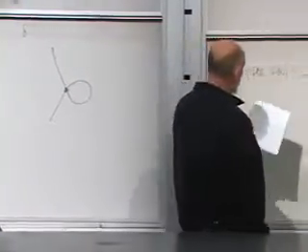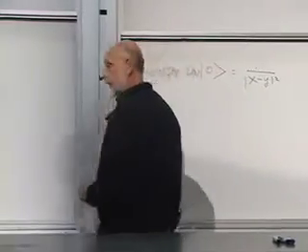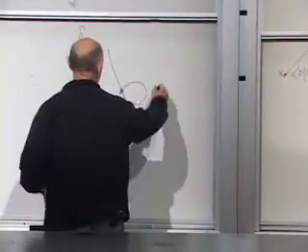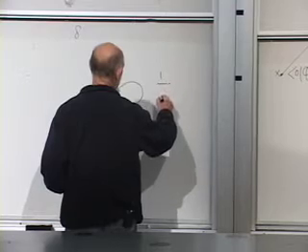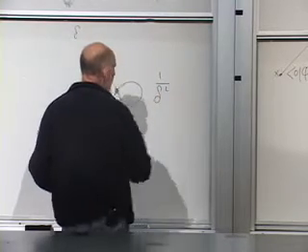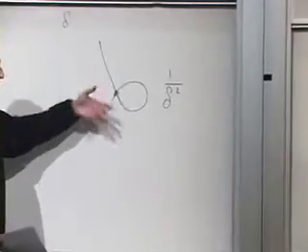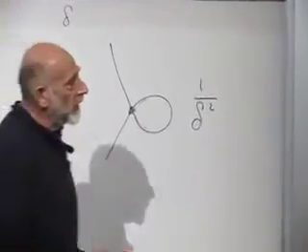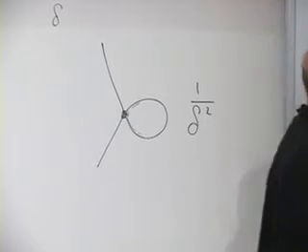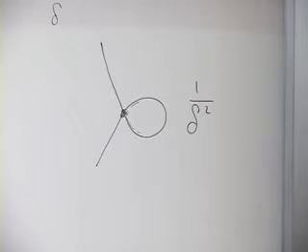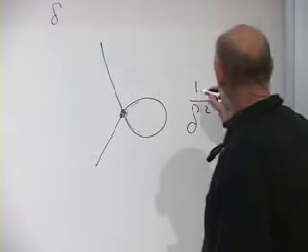Then what will we get? We'll get 1 over delta squared for the propagator. We're throwing away all scales smaller than delta. And what did I leave out? I left out the coefficient lambda coming from the phi to the fourth term. Lambda over delta squared.